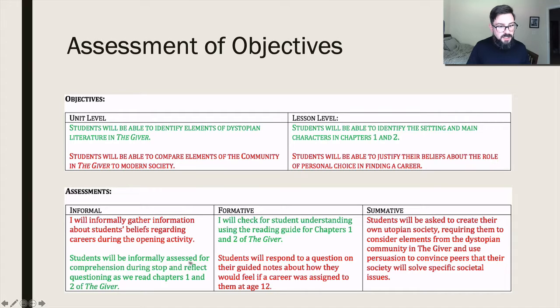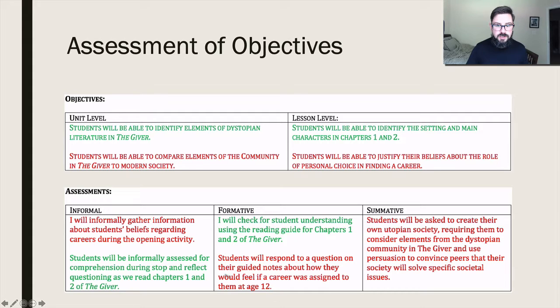Informally, I could be stopping, reflecting, and asking questions as we read chapters 1 and 2 of The Giver, attending to how students respond. My formative assessments will check for understanding by collecting the reading guide for chapters 1 and 2, so collecting that daily data and seeing whether students understand the events.